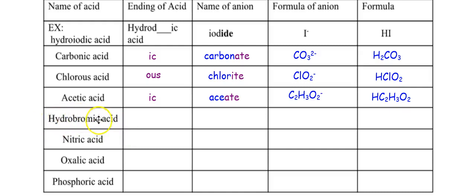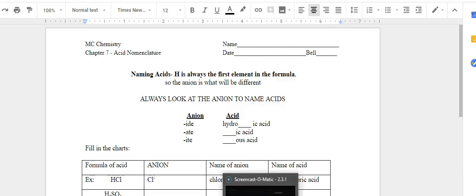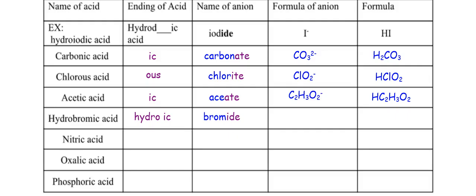Now, what's the next one? Hydrobromic acid, hydroic. My ride has hydraulics. So it's my beginning and my ending. What is going to be the name of my anion? Bromide. Sorry, I seem to be having some technical difficulties, but we're almost done.